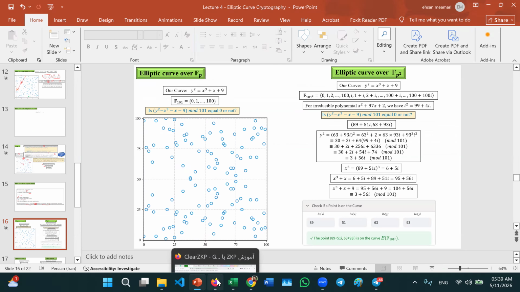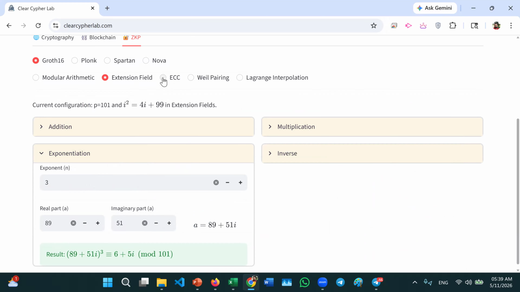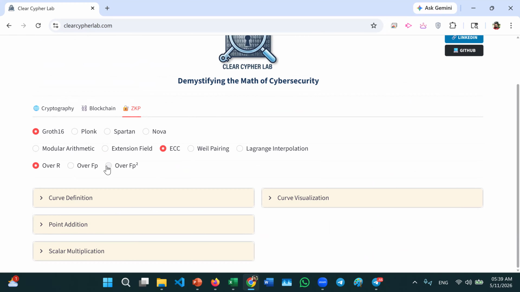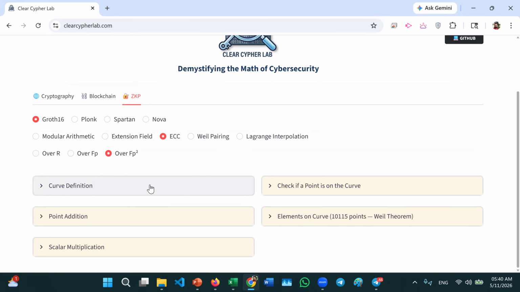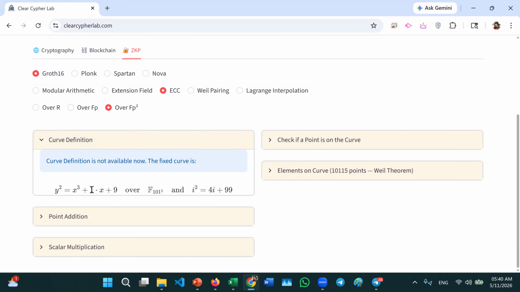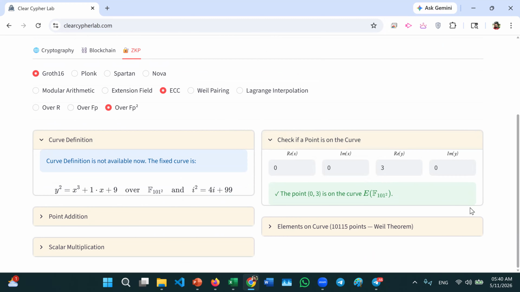So here in our website, on the elliptic curve over the extension field, the curve is already defined, and the value for i to the power of 2, and then we want to check to see if a point is an accepted element or not.